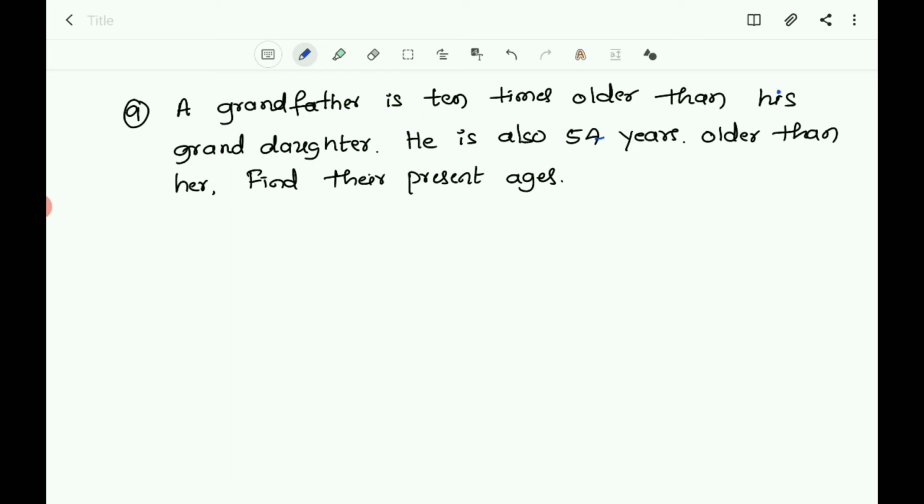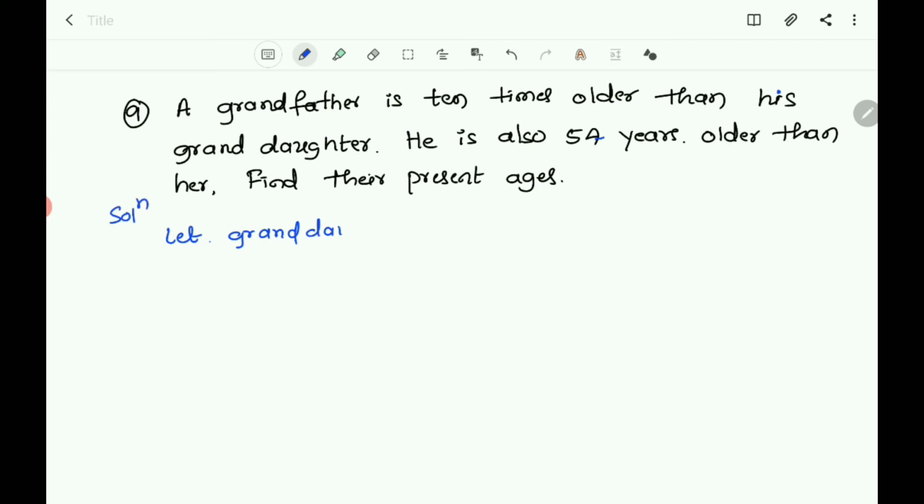Find their present ages. Here they said the grandfather's age is 10 times the age of the granddaughter. If we take the granddaughter's age as x years, then the grandfather's age becomes 10x years. Let us have the solution.